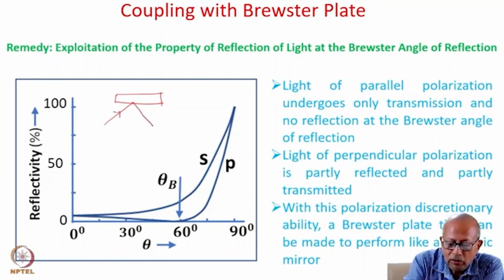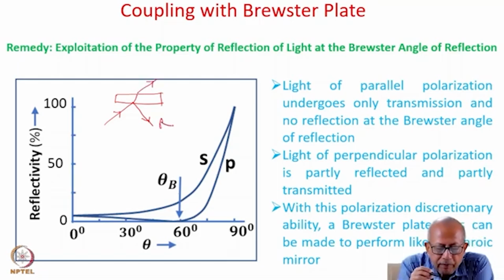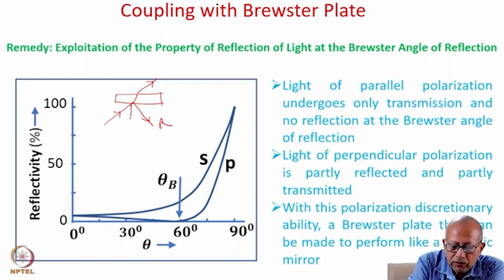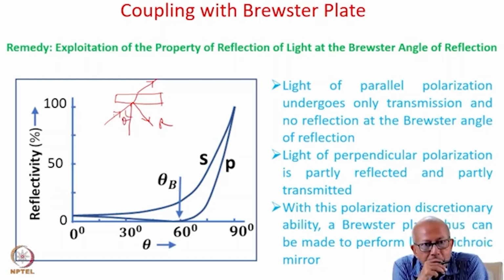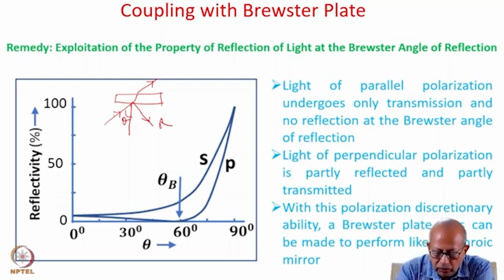As you know, part of the light will be reflected, and another part will be transmitted. This reflection, as well as transmission, depends not only on the angle of incidence but also on the polarization of the incident light. The dependence is represented schematically here.